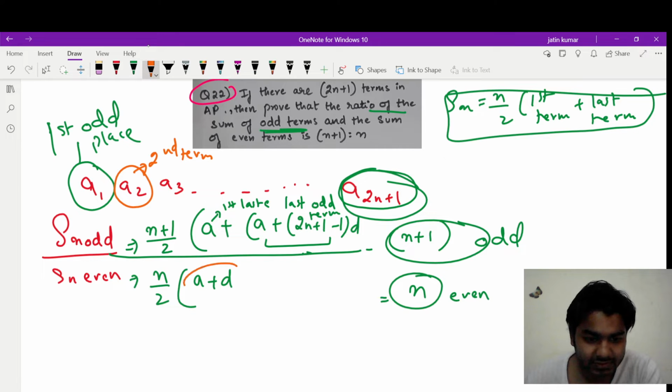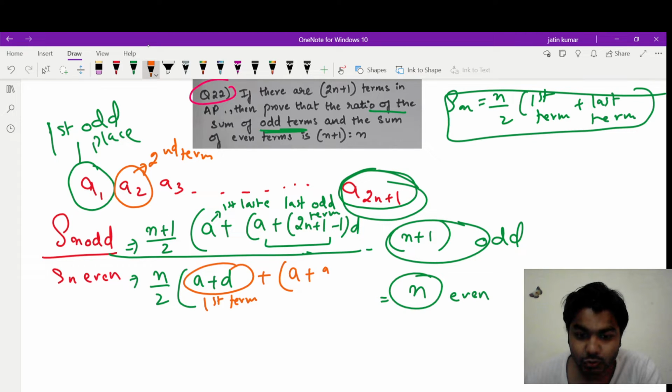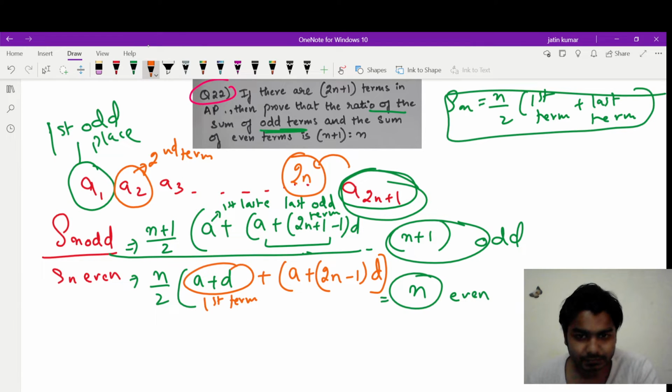So this is our first term. Don't confuse, please. And the last term will be a plus (2n minus 1) into d. This will be the last term, because the last even term will be 2n, because we have odd total numbers.